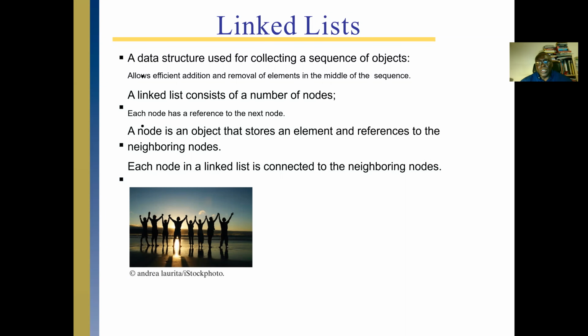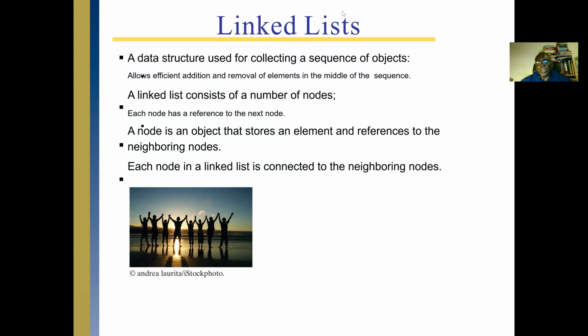Each node has two items: the information that we want to store, and also the address of the next node. Sometimes we may also have what we call a double linked list, which means it may have the information that we store, the address of the previous node, and the address of the next node.